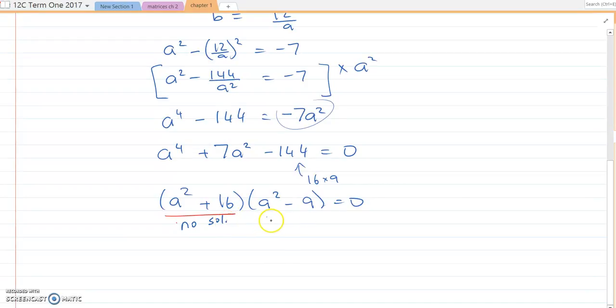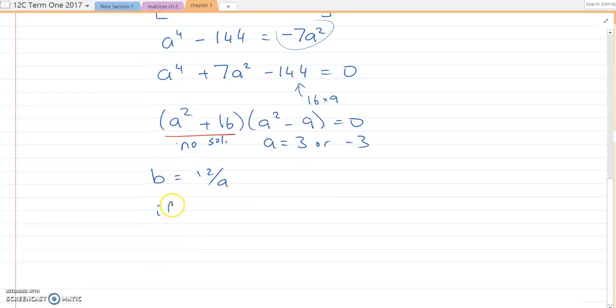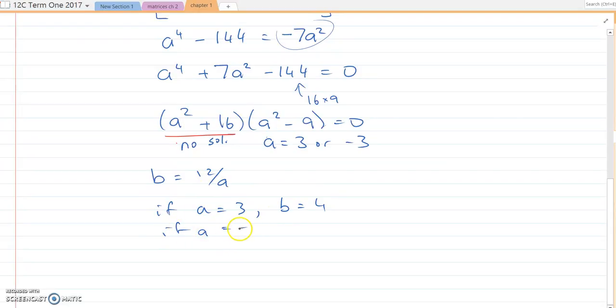But to this part we get a equals 3 or minus 3. So b is 12 over a. If a is 3, b is 12 over 3, which is 4. If a is minus 3, then b equals minus 4. So we've got two answers, which makes sense.